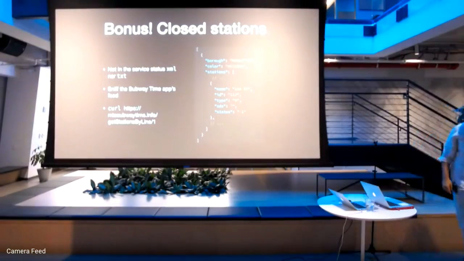We're a little sneaky about it, since it's not in any of the service status XML or text posted by the MTA. We use an endpoint that we found from the Subway Time app. If you curl that URL, you'll get something like this, and you'll see the -1 means that station is closed in both directions. So we can filter that out, and not just show the arrival times that are there.